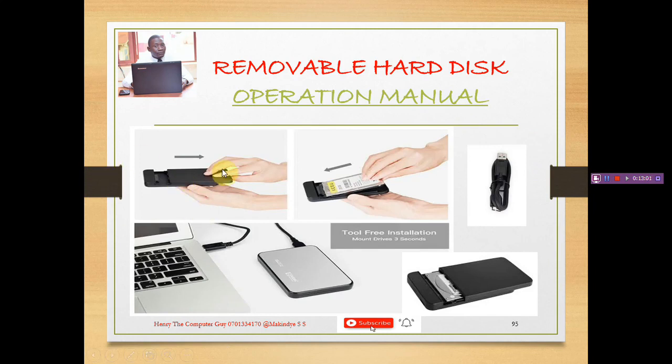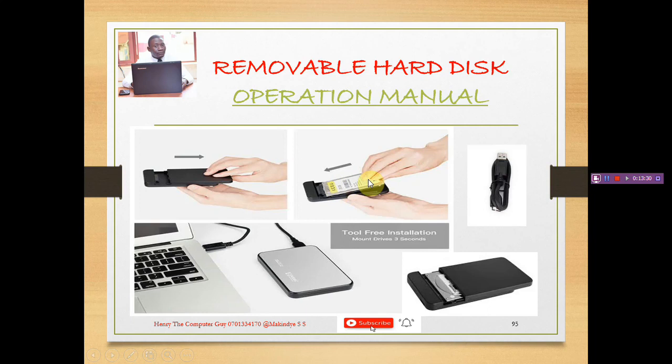And someone came here and opened the cover, pulling the cover towards him or herself to open the cover of the hard disk enclosure. Then number 3 told us that we have to get our external hard disk and insert it there. But remember, you look for what we call the PCB, the printed circuit board assembly, and connect it correctly.